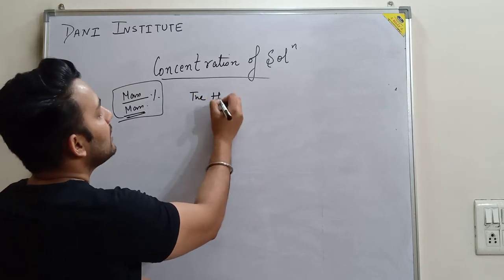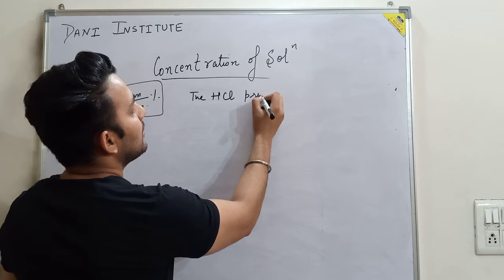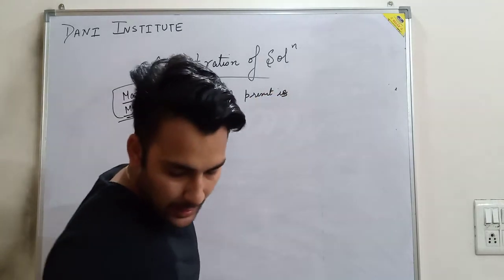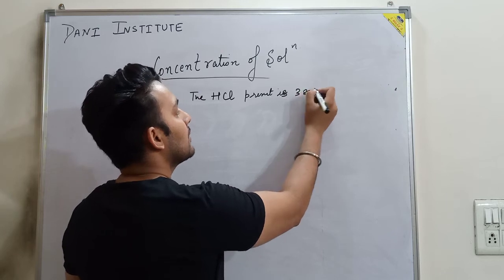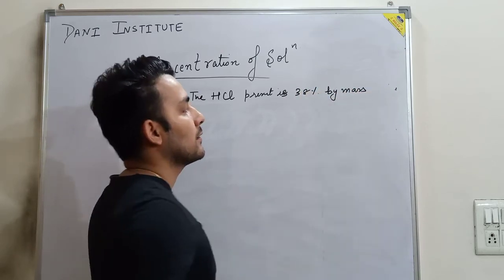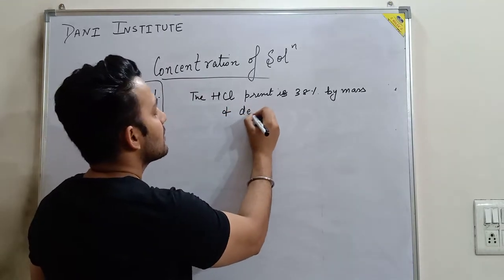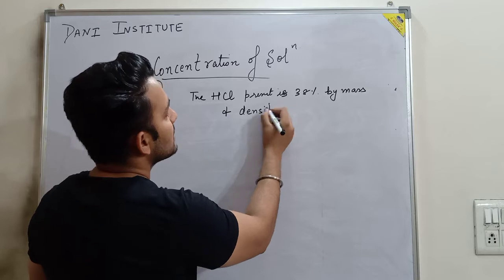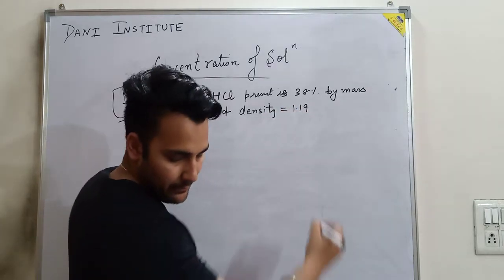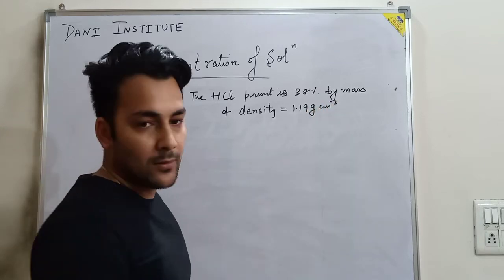The HCl present is 38% by mass, and density is given. Density is equal to 1.19 gram per centimeter cube.